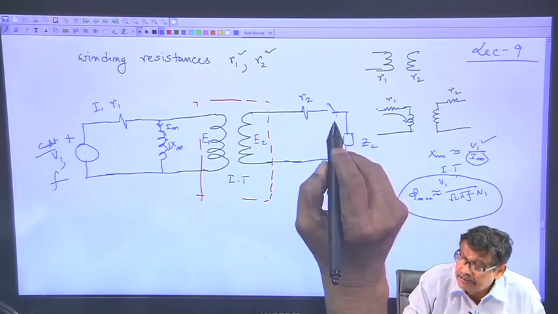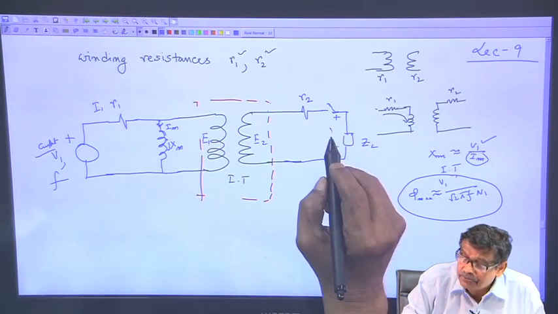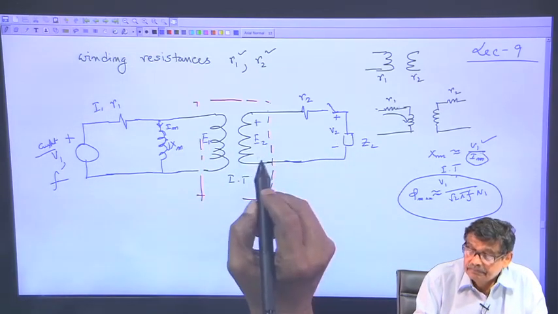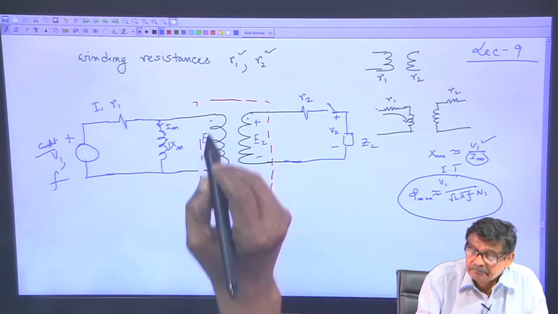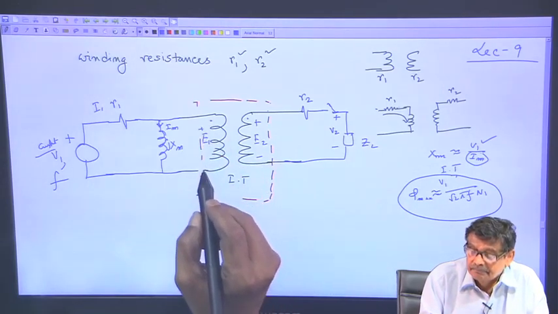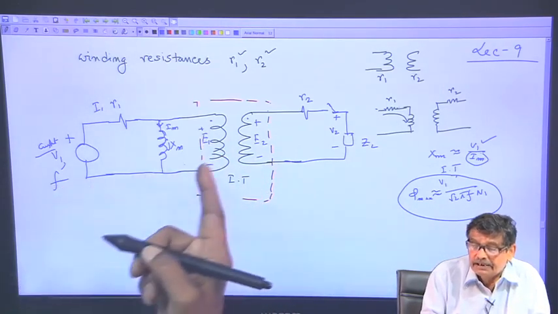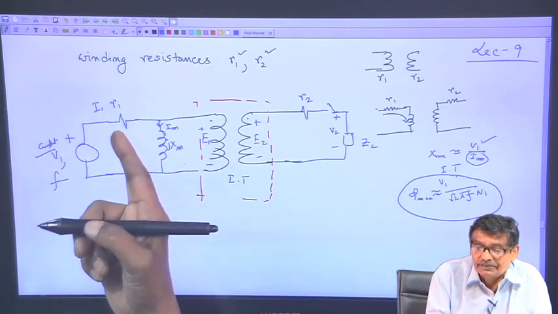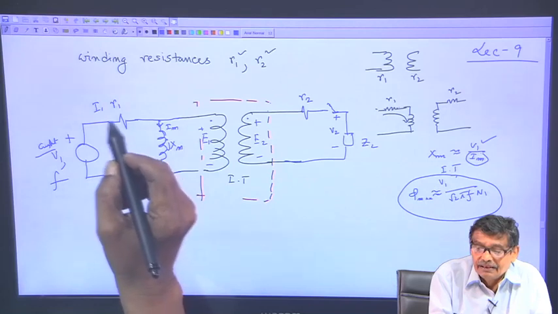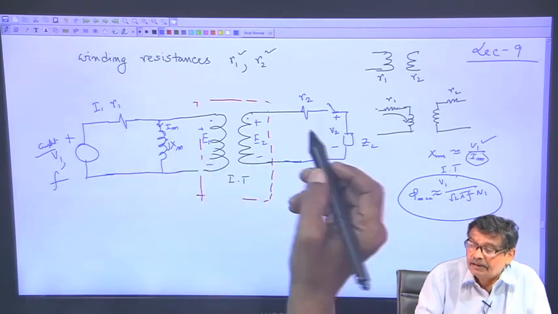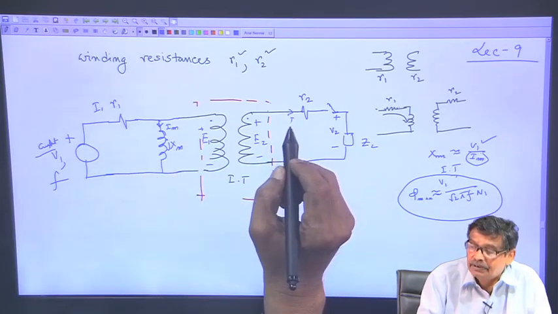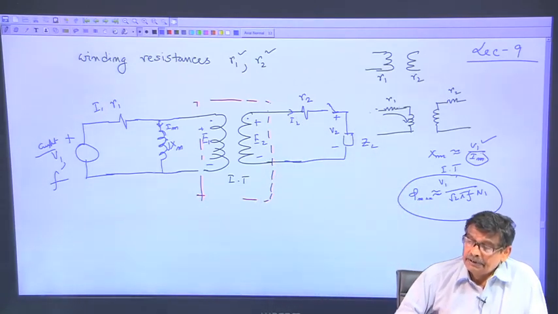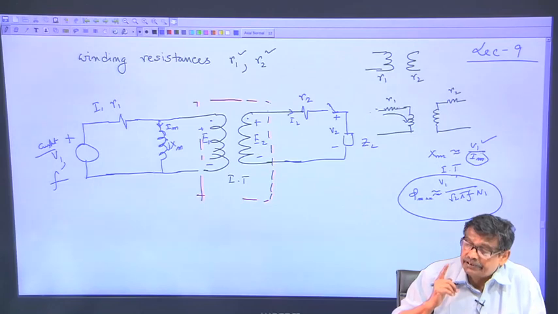Mind you, V 2 and E 2 will not be the same. Similarly, V 1 and E 1 will not be the same, because in between these two sources some I 1 R 1 drop here and some I 2 R 2 drop here will come, so they cannot be the same. But nonetheless, we can do these things.